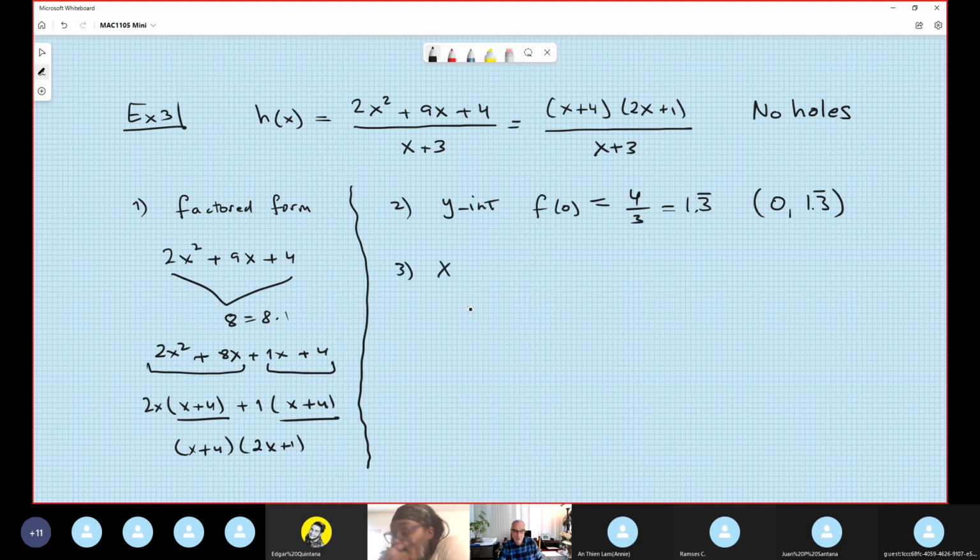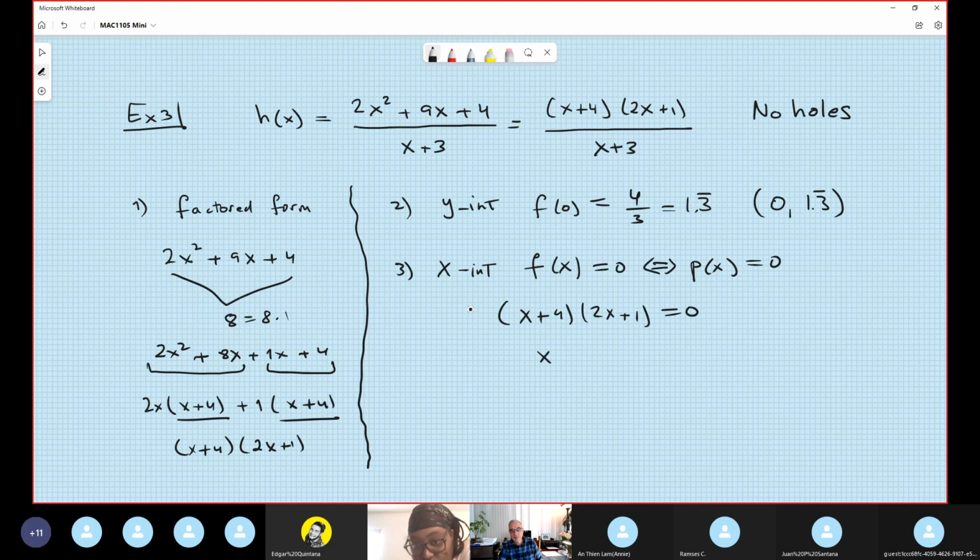Number 3 is the x-intercepts. It is a little bit different, because a function equal to 0 is equivalent to saying that the top part is 0. And the top part in our example is x plus 4 times 2x plus 1 equal to 0. Therefore, x is equal to -4. And the second is 2x plus 1 equal to 0, so 2x is equal to -1, x is equal to -1/2.